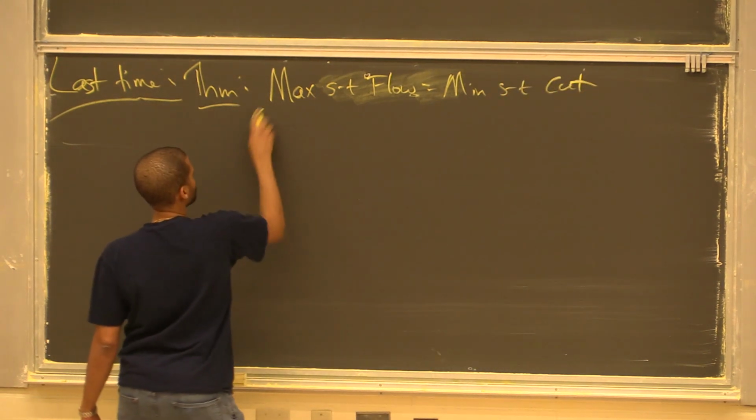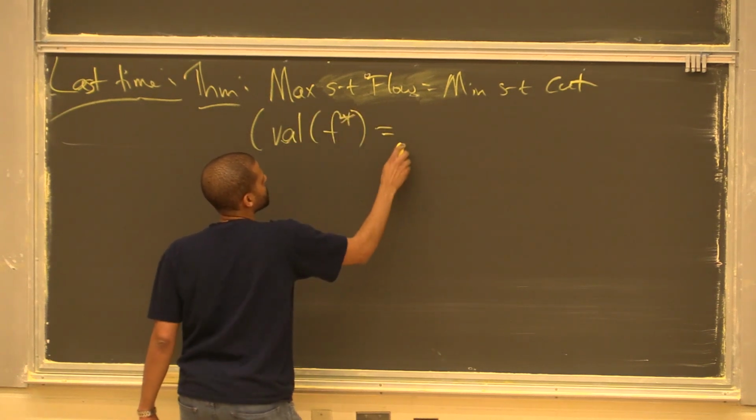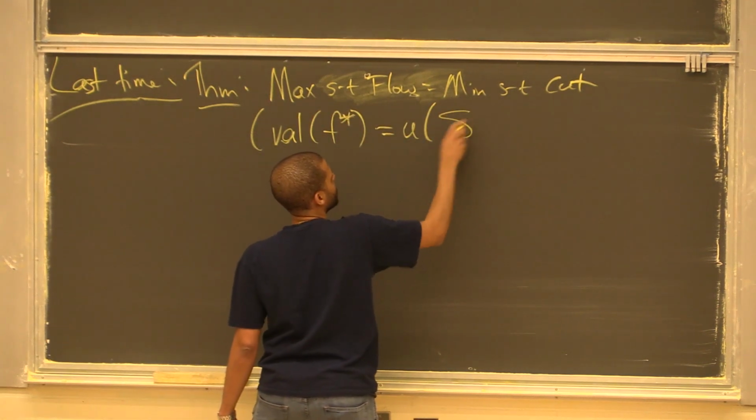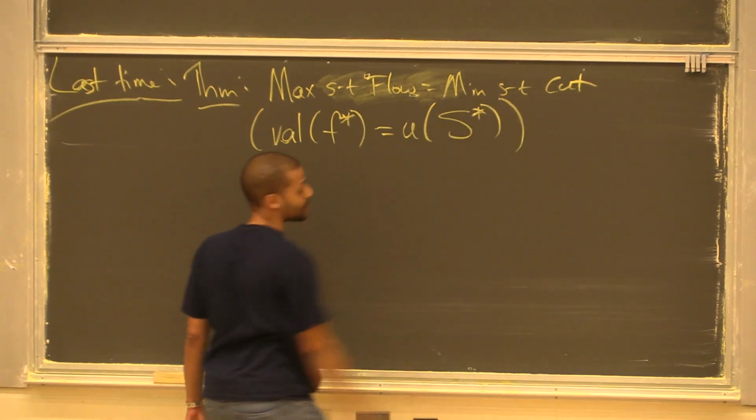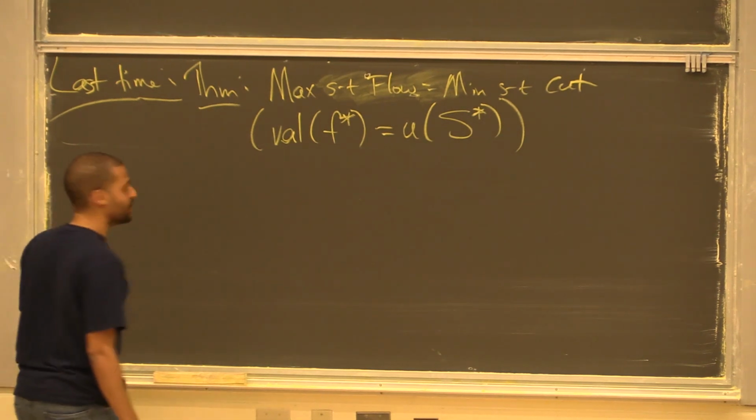Right? So what I'm saying is the value of the max flow is equal to the capacity of the min cut. Okay? So before I prove this theorem, let me prove a lemma.